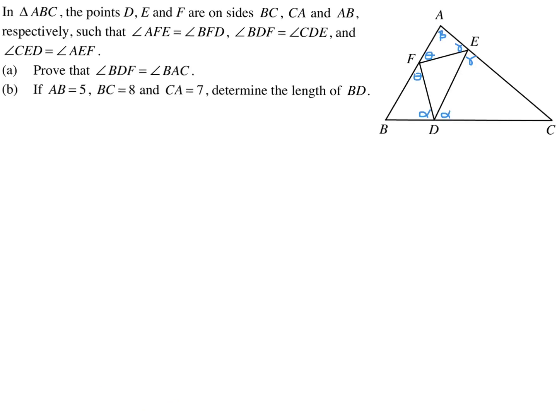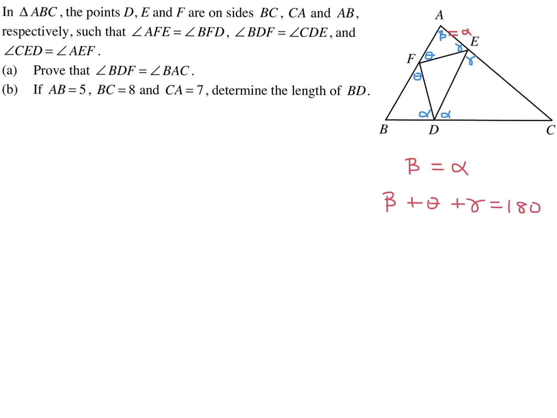In the previous part A, we had shown that beta was equal to alpha, right? So if that is the case, that means this up here is the same as alpha. And then since the sum of the angles of any triangle add up to 180, those three add up to 180.